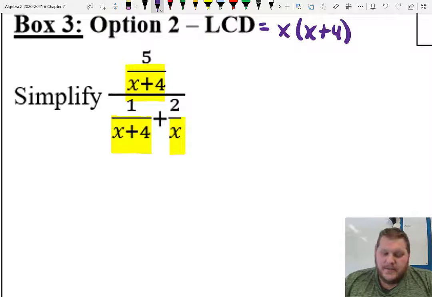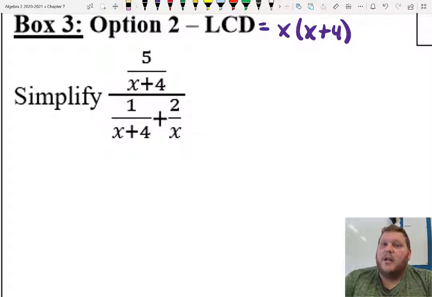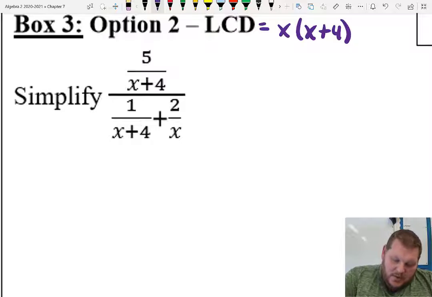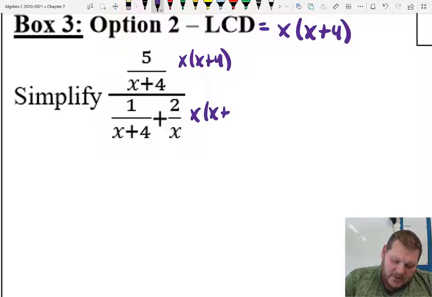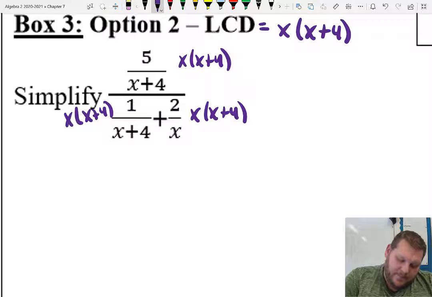3 of my denominators. So what I'm going to do is basically all of my fractions in my complex fraction here are going to get multiplied by x times x plus 4. So I'm going to go ahead and just write x times x plus 4, x times x plus 4, x times x plus 4.